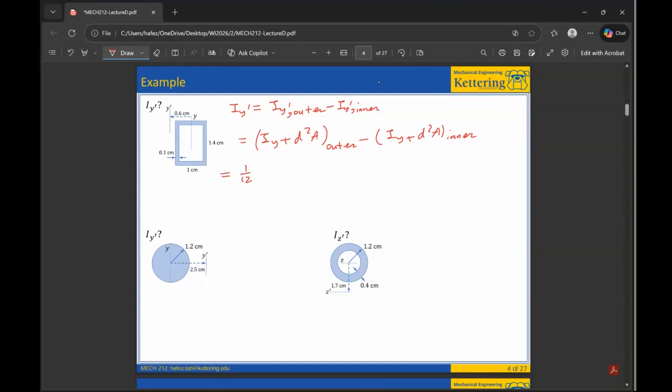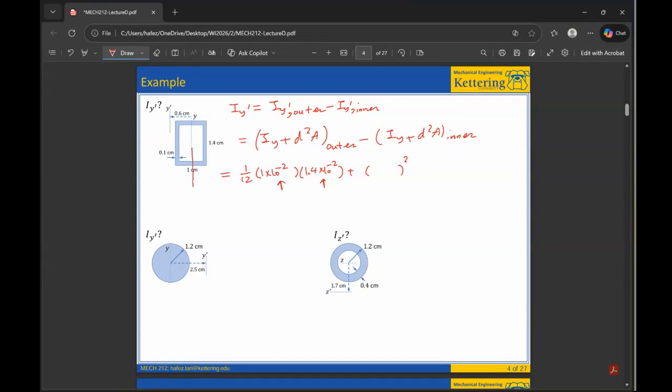So we said 1/12 base and height of the outer, cube one of them, and then square the offset, and then times the area. So the area elements would be really here and here. You put them there. So base and height of the outer 1 centimeter by 1.4. We said we cube the one that is perpendicular to y.